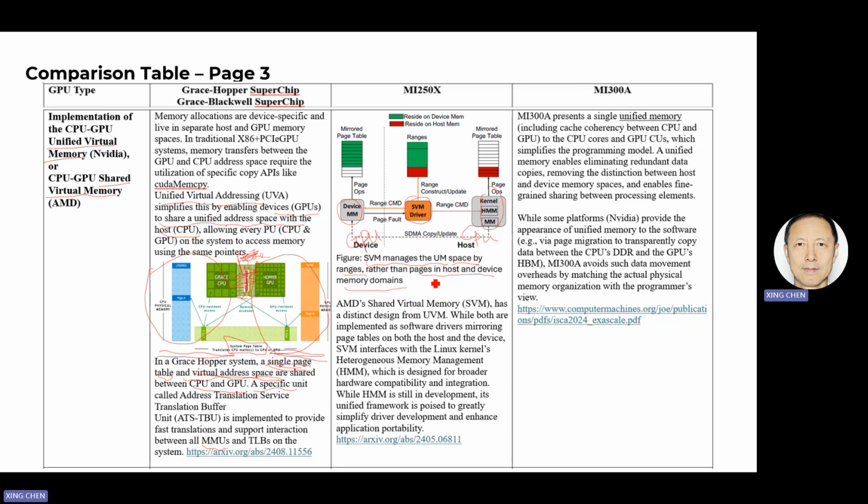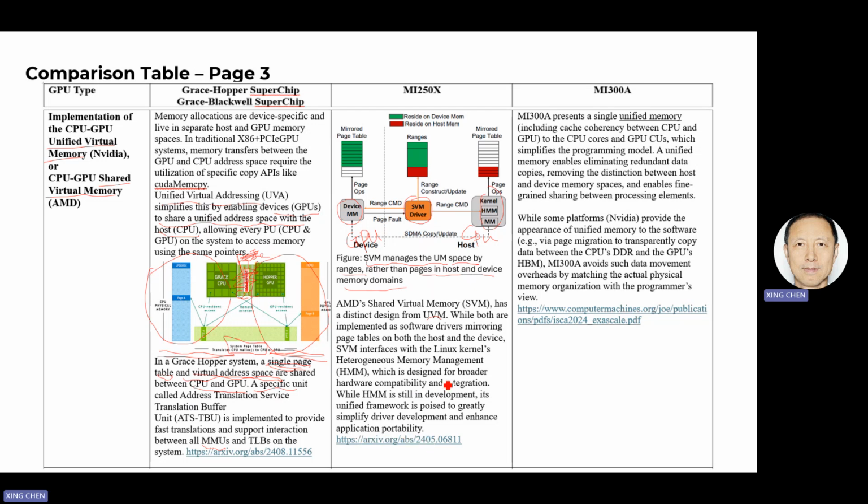AMD's shared virtual memory has a distinct design from UVM from Nvidia, where both are implemented as software drivers mirroring page tables on both the host and the device. SVM interfaces with the Linux kernel's heterogeneous memory management, which is designed for broader hardware compatibility and integration. While HMM is still in development, its unified framework is poised to greatly simplify driver development and enhance application portability.